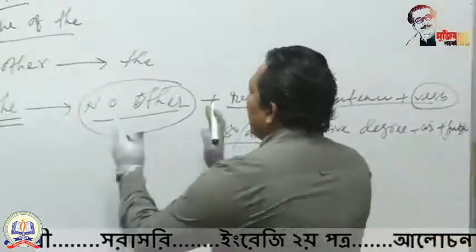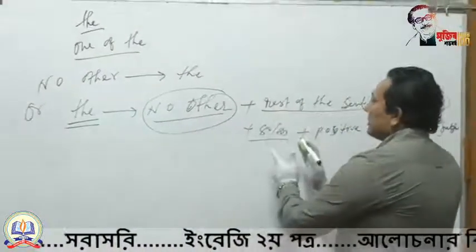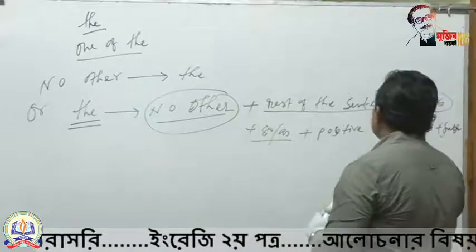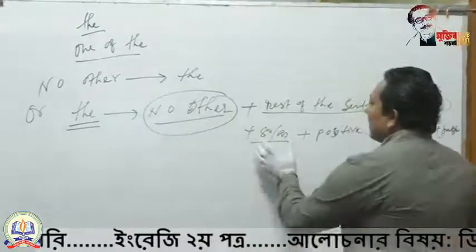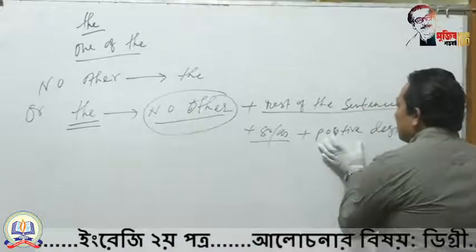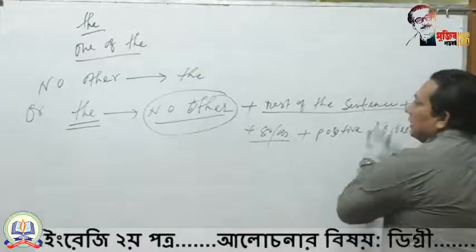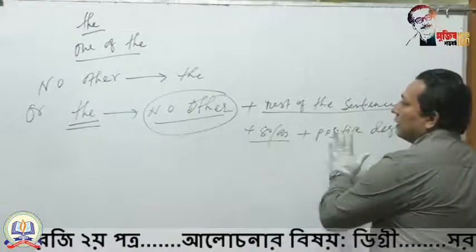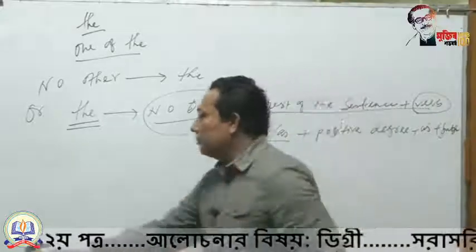That means no other, plus rest of the sentence, plus you have to use the verb, plus "as" or "so," plus positive degree, plus "as," plus subject. In this way, you have to make the positive form from the superlative degree.